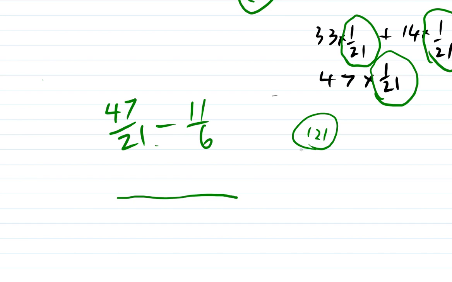Let's see. I know that 11 times 6 is 66. Can you divide 66 by 21 directly? 21 times 2 is going to give you 42. Can 6 divide into 42? Just thinking of other multiples that might be smaller than 126.